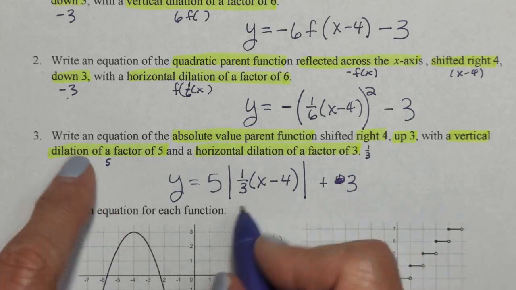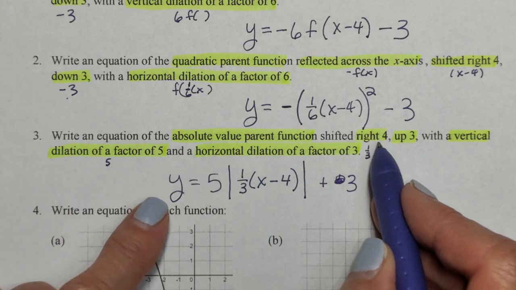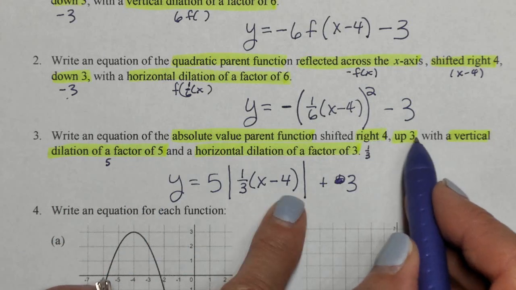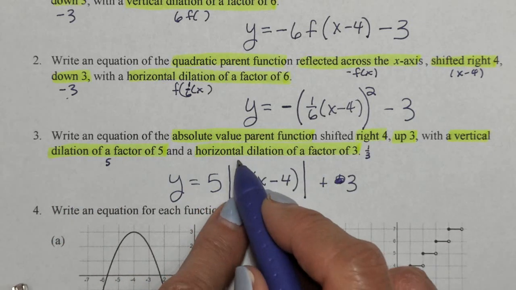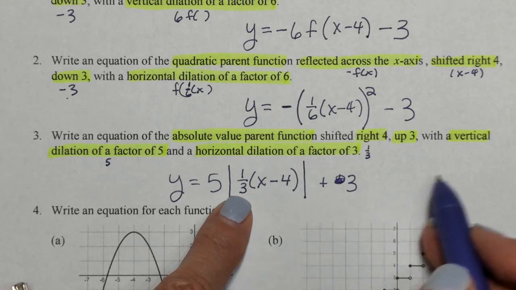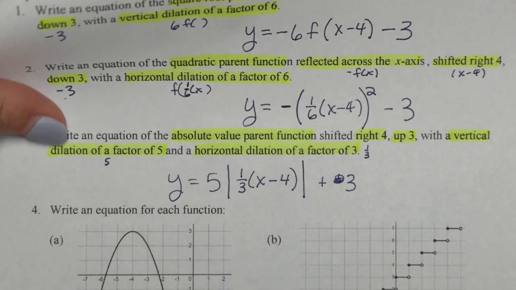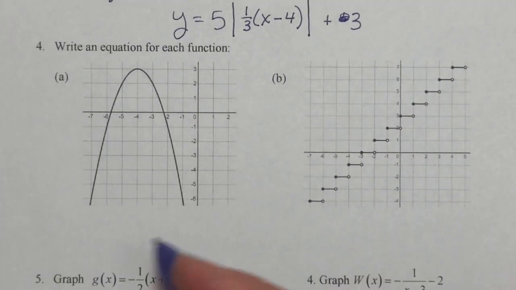Did I get everything? Absolute value, right 4, up 3, vertical dilation factor 5, horizontal dilation factor 3. Yes, got everything.